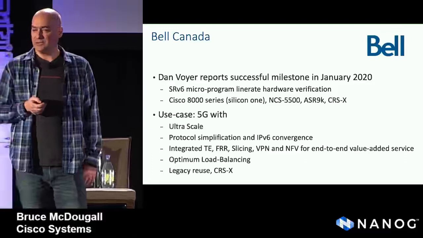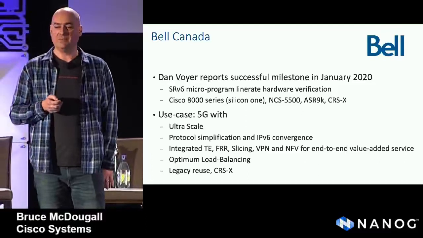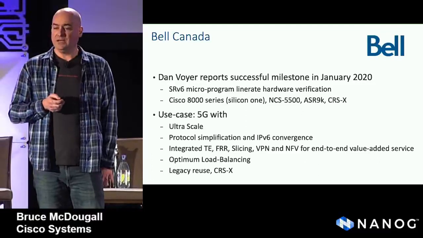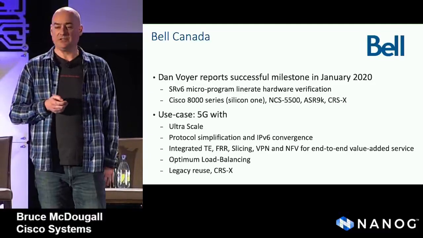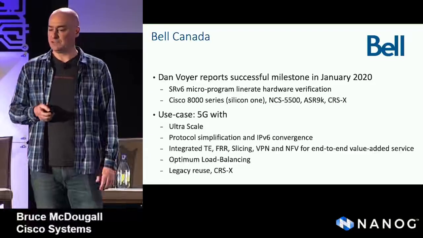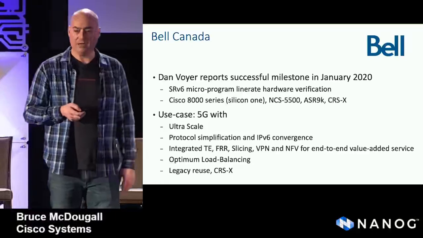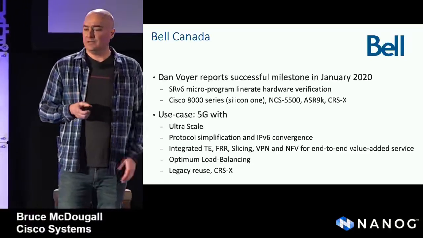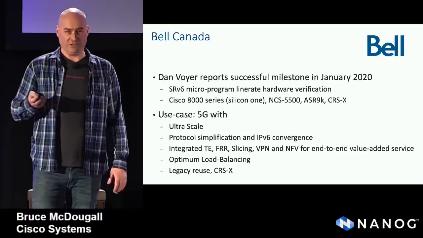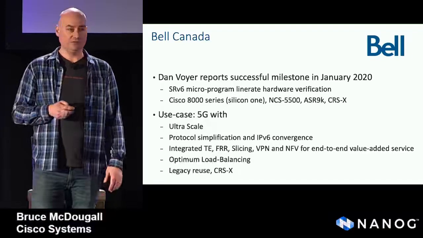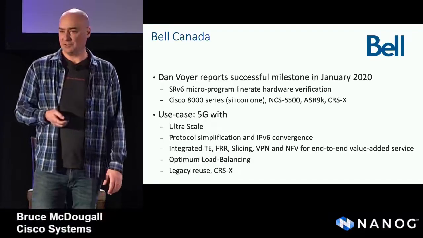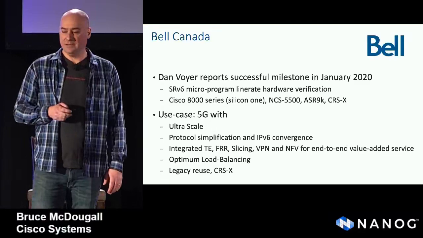The second operator that has successfully tested microprogram is Bell Canada. They demonstrated microprogram operating at line rate in their lab this time, with the same set of hardware. Their use case is 5G scale, providing data plane simplification with a single encap end-to-end.